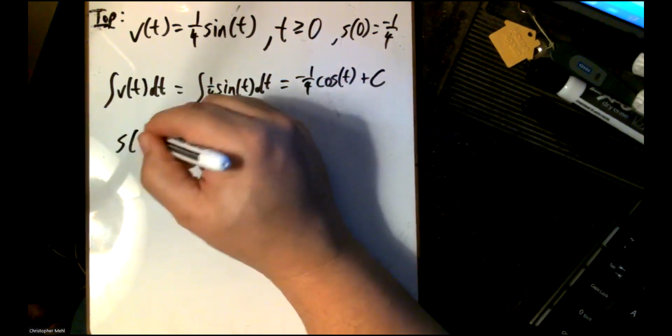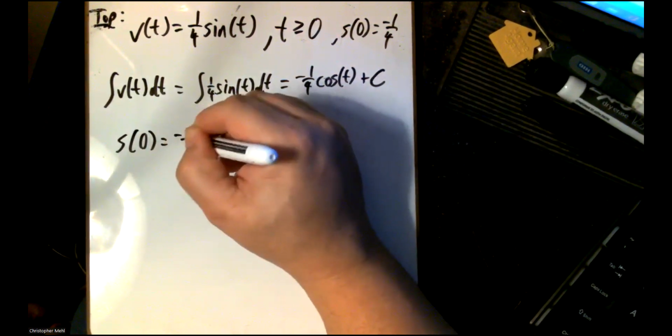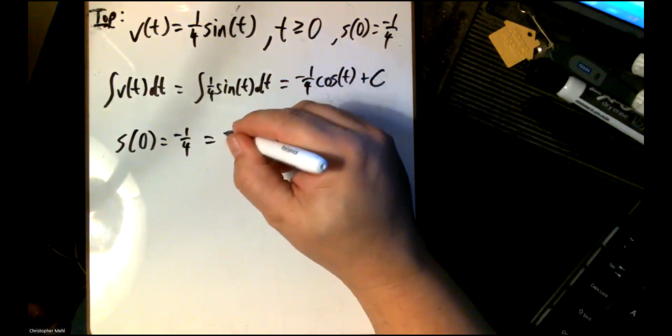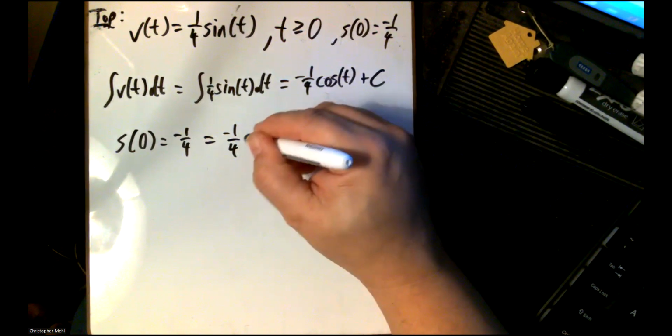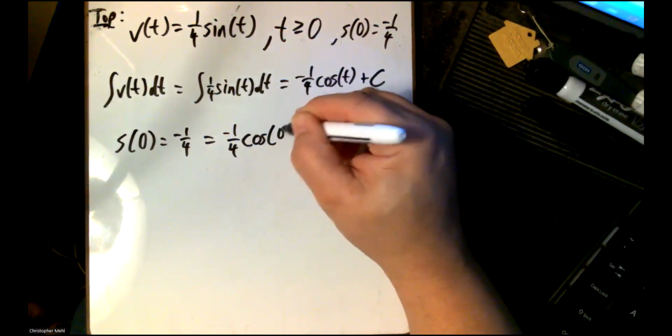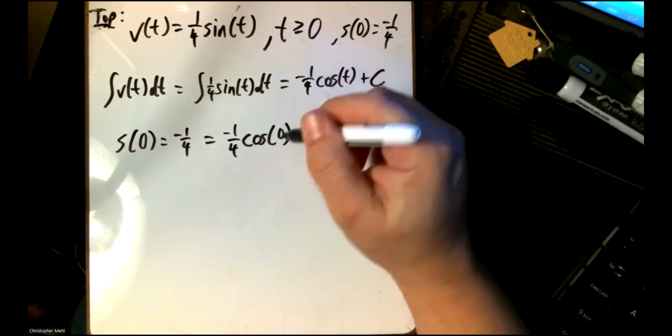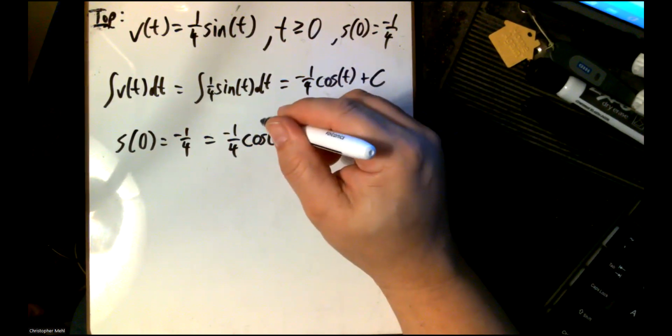So knowing that S of 0 equals -1/4, if I set this equal to -1/4 cosine at time 0 plus a constant C, well, cosine of 0 is 1.